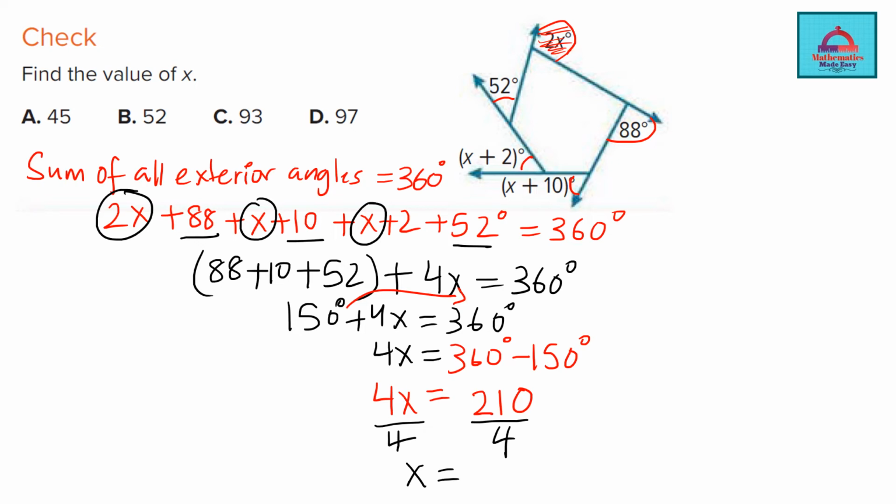So your final value of x, which is 210 divided by 4, would be 52.5. Okay, so the closest value that you see here is 52. So B is your answer.